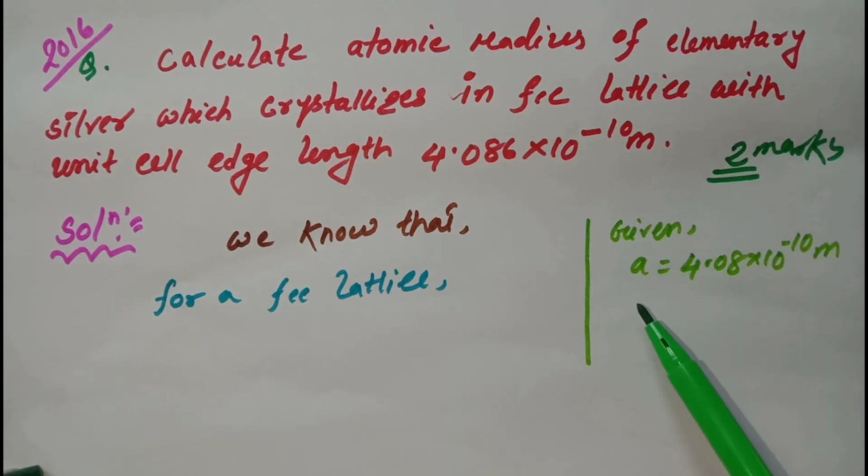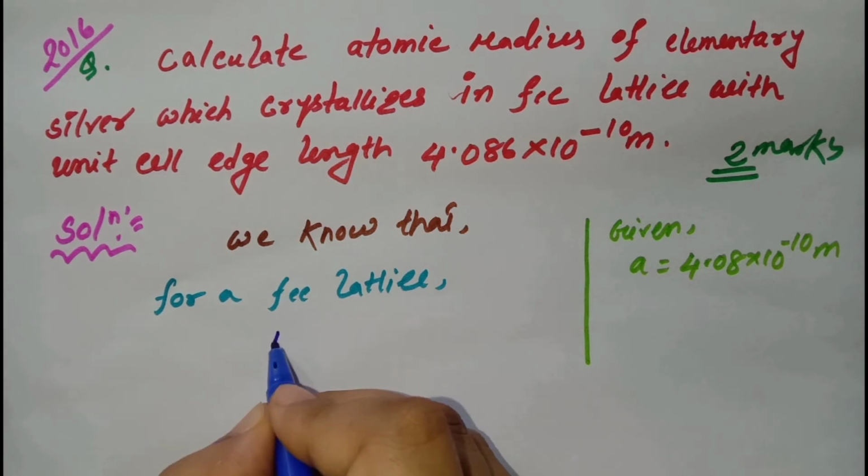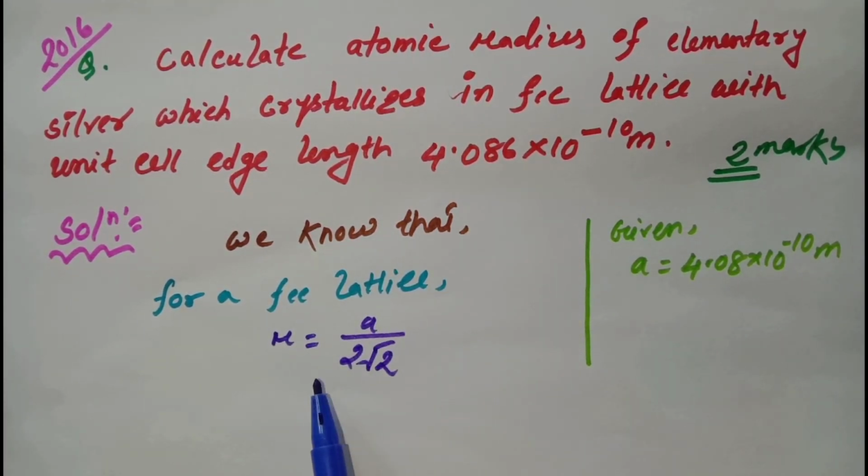So here the value of edge length is given. Now put this value into the relationship between atomic radius and edge length. So we know r is equal to a by 2√2.